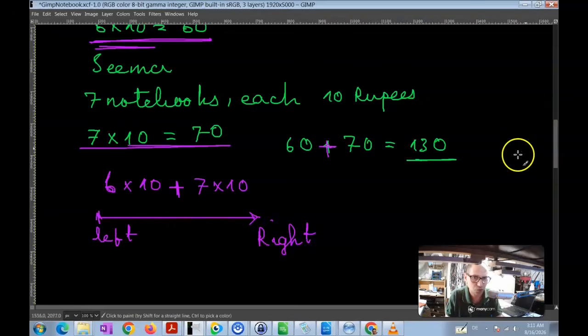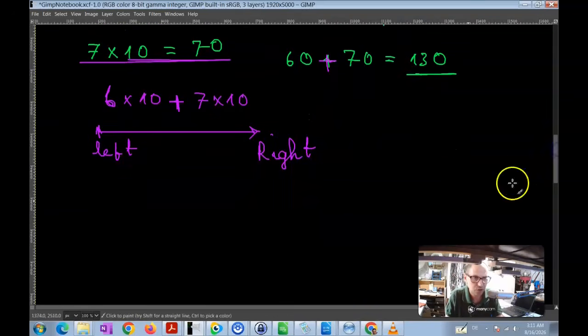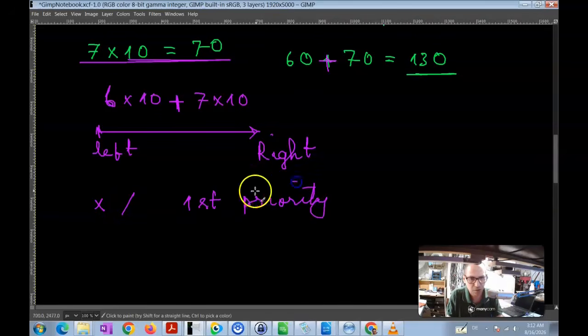Rule number two is that you have to take into consideration the priority that each of these operations has, meaning that multiplication and division have the first priority, and addition and subtraction have the second priority.